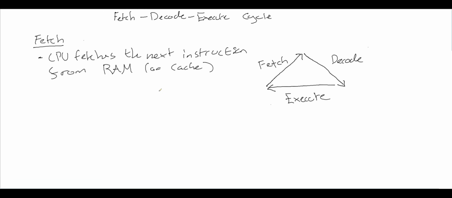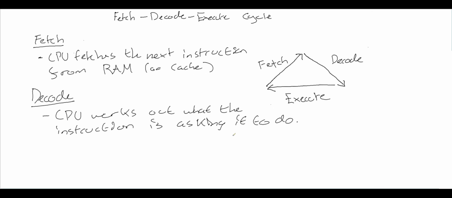Then the CPU moves on to the decode part of the cycle, and during the decode part of the cycle, the CPU is working out what the instruction is asking it to do so that it can execute the instruction in the next step. So the instruction might be asking it to add two numbers together, subtract two numbers, or load something from memory into a particular register or something like that.